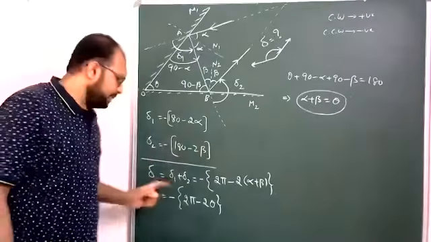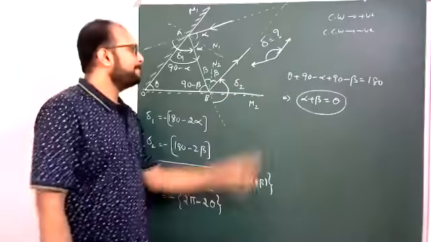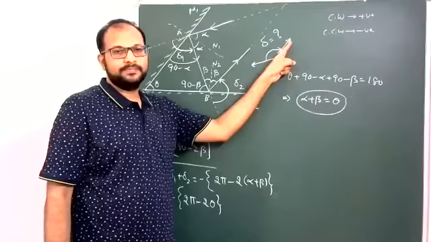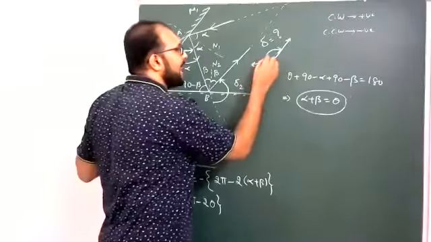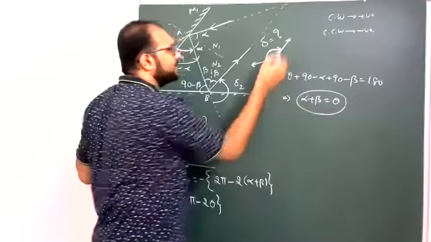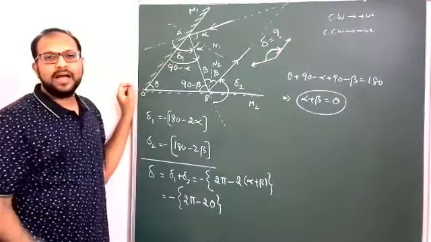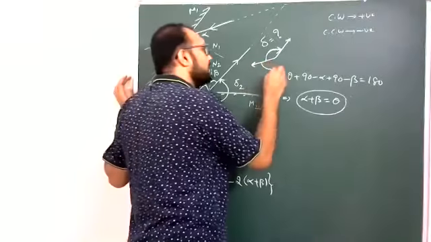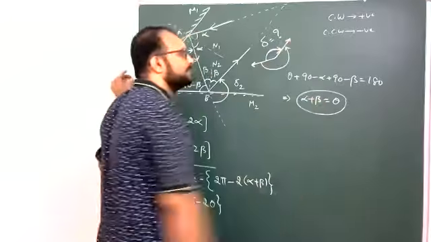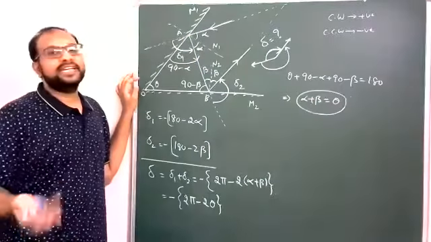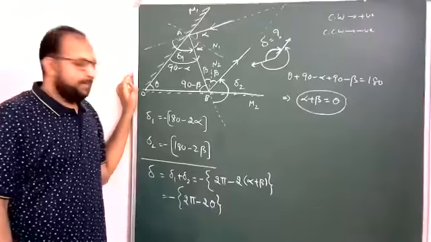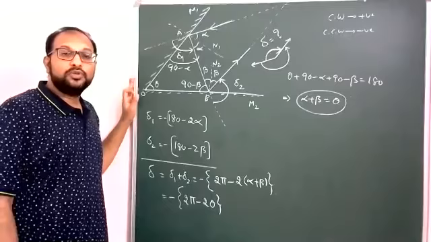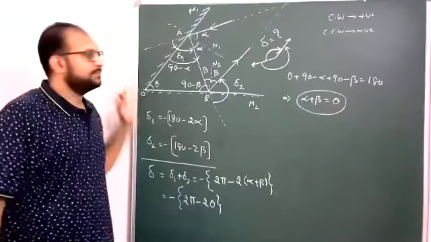Now come to the main meaning of this delta. This is the original, this is the final. This angle, if you take it, the answer is less than 180 degrees. This one, if you take it, is more than 180 degrees. Once the answer is completed, you should consider two ways.